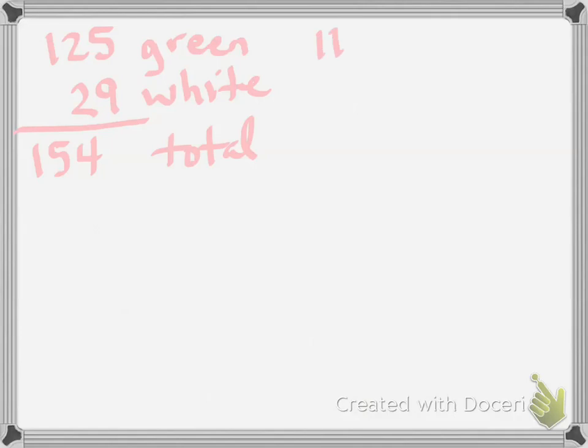I got 115.5. That's what I expected to get for green. Why did I use 154? That's the total. Why did I multiply it by 0.75? That's the percentage. So I was expecting 115.5 plants to be green.